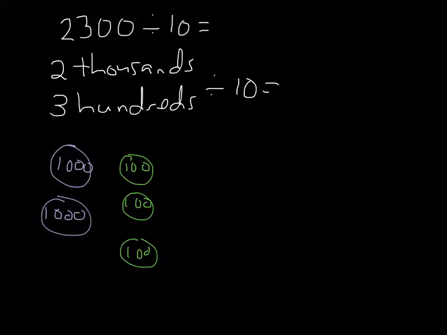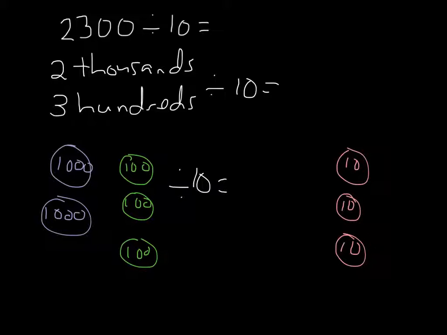And we're going to take that and we're going to divide it by 10. Well, let's think about what happens when I divide each part by 10. If I have 100 divided by 10, well, we know that 100 divided by 10 is actually just 10. And so let me go ahead and make the 300s into 3 tens, because 100 divided by 10 is 10.